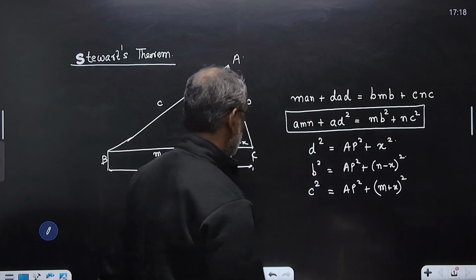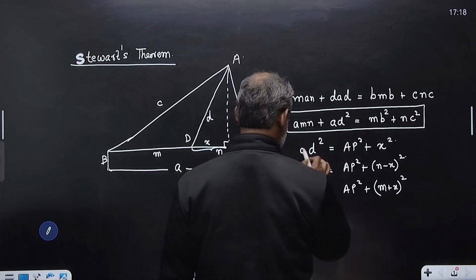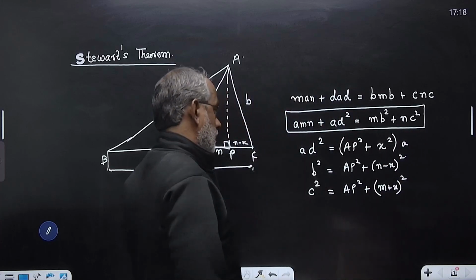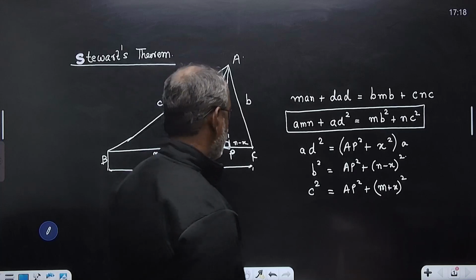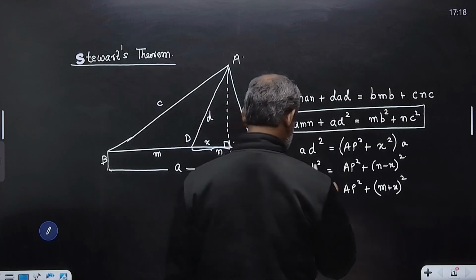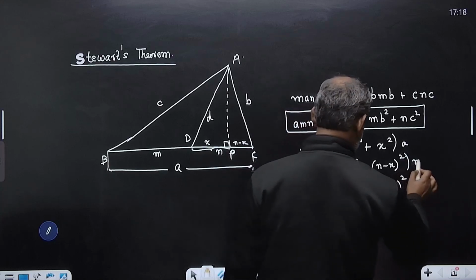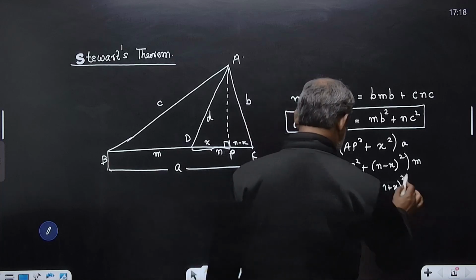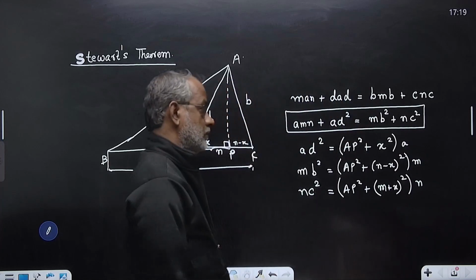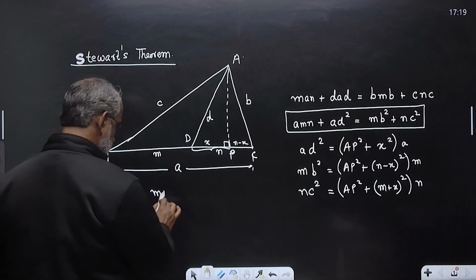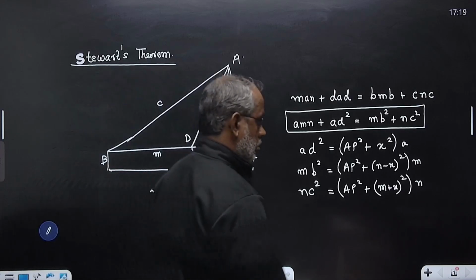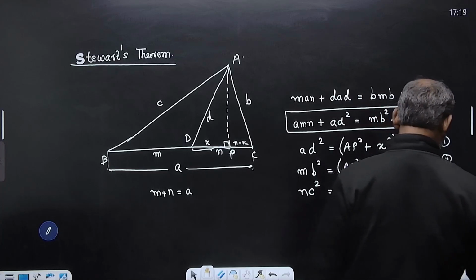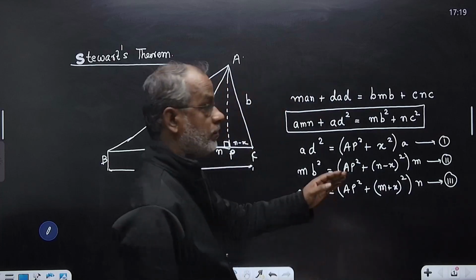You multiply this by A. Then you have MB square, and then you have NC square. M plus N, everybody knows, is A. So suppose this is 1, this is 2 and this is 3. We have to get rid of AP and x.